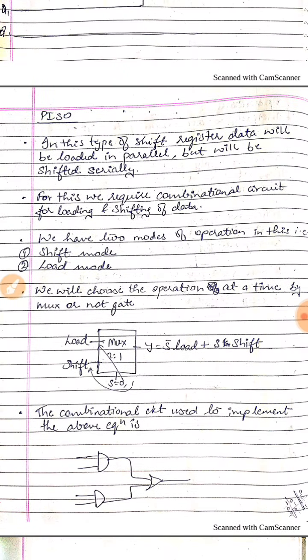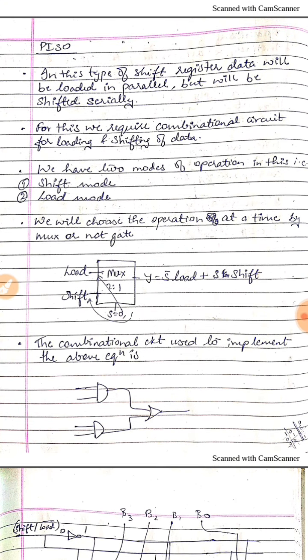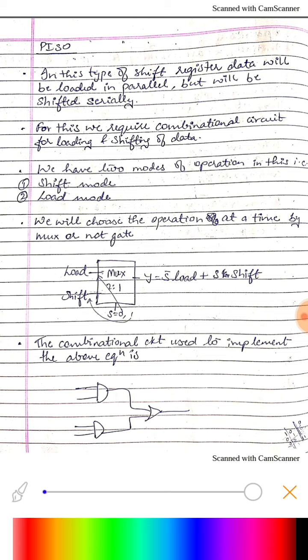Now the next is parallel in and serial out. So we need to feed the data parallelly and want to extract it in serial form. For this we need to use a combinational circuit, that is a multiplexer, to feed the data.